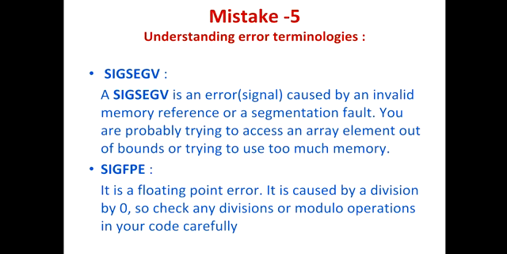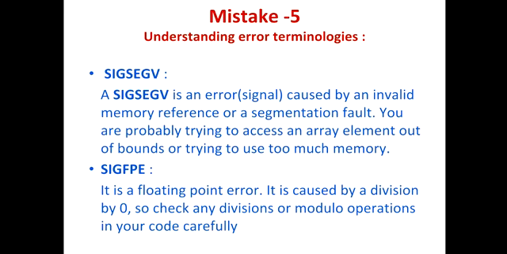Suppose you have made an array of size 10 and you are trying to access the 11th element, or you are trying to use too much memory. Suppose you are creating an array of size 10 power 10, then it cannot be the case, thus resulting in SIGSEGV.